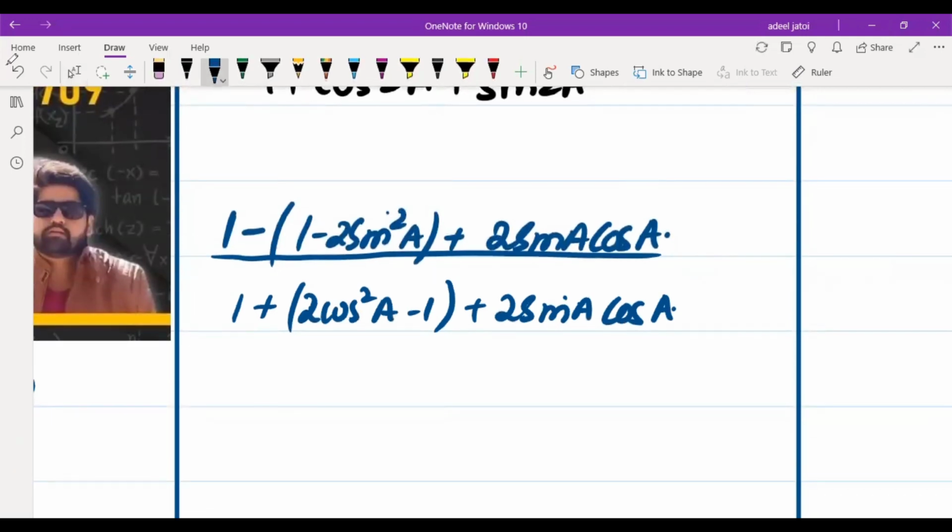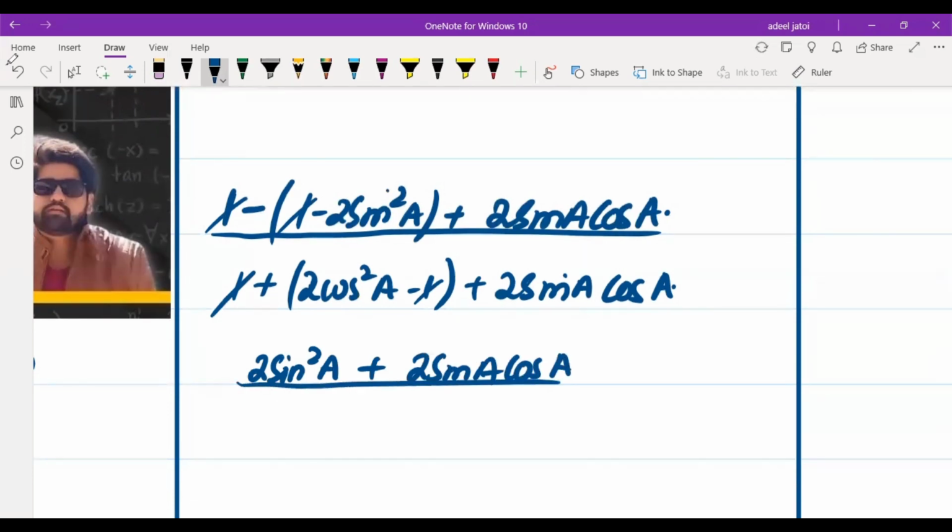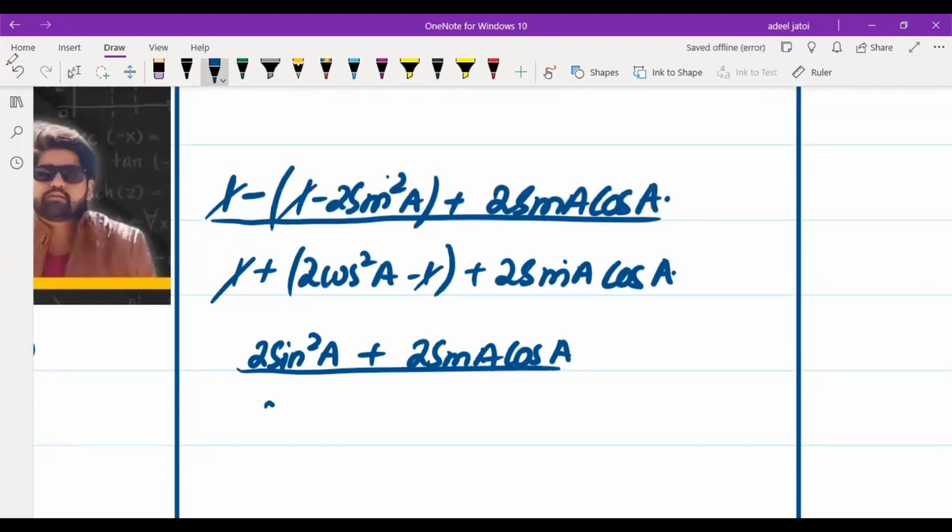In this regard, we can say 1 and minus 1 is cancelled, 1 and minus 1 is cancelled, right? But obviously this negative sign will be used, considering that this should be 2 sine square A plus 2 sine A cos A upon 2 cos square A plus 2 sine A cos A.